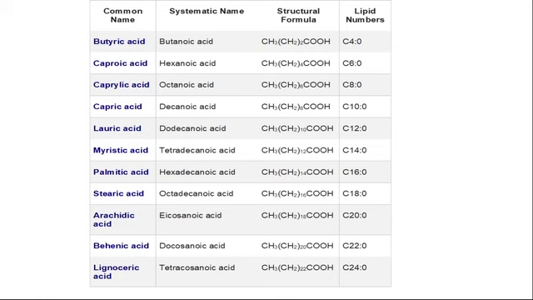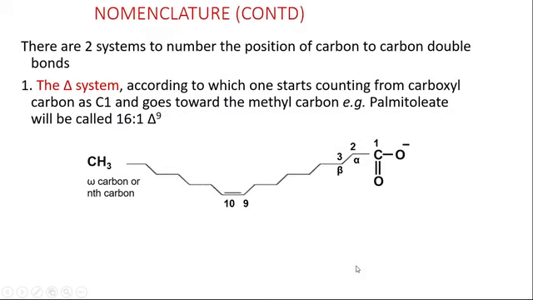So this table just lists out the common fatty acids in increasing carbon number. It shows you the common name as well as the systematic name and what the structural formula is. So the position of the double bond, as I said, in addition to it being named from the methyl end, so you have omega-3 and omega-6, it can also be named from the alpha carboxyl end, and that naming system is known as the delta system.